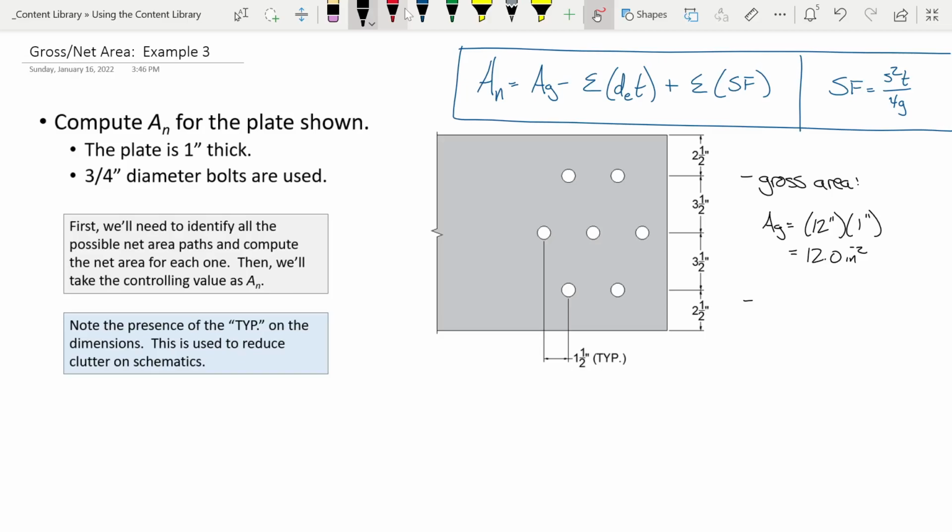We got a lot going on in this expression. So let's see, what do we got? We got the gross area. We know the thickness. What about the effective hole diameter? Can we deal with that?